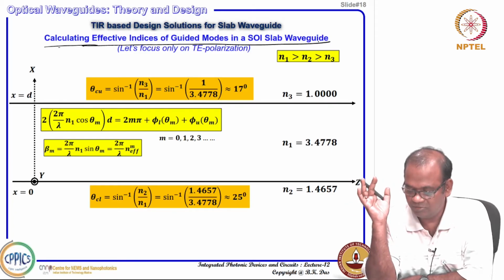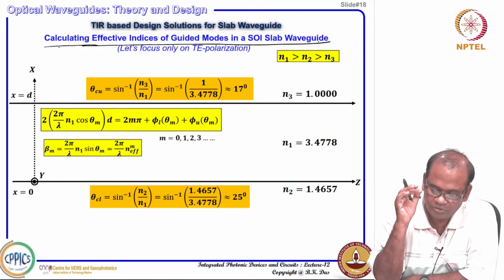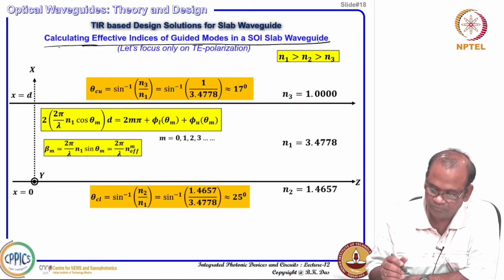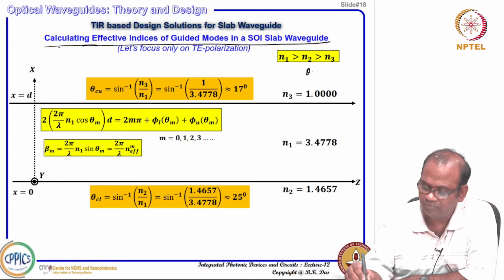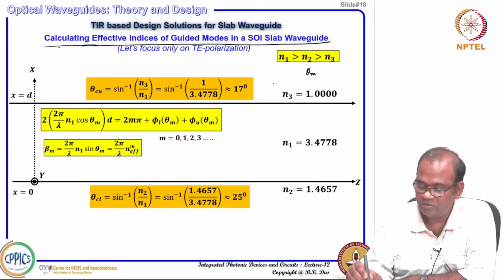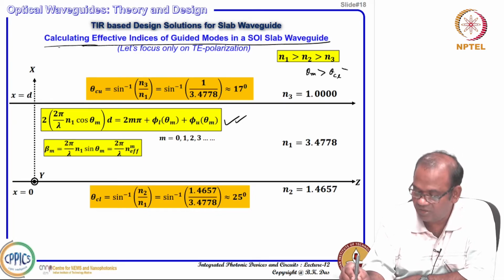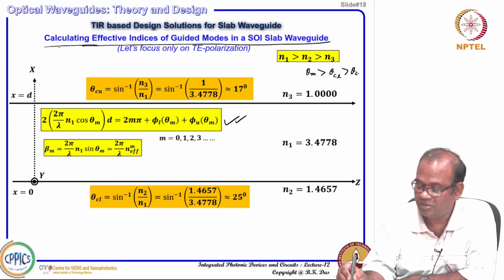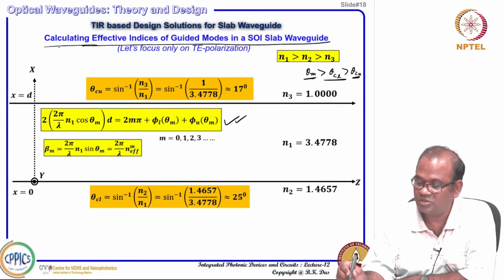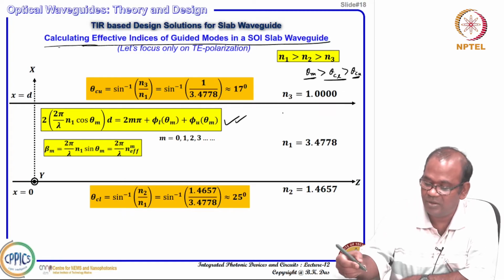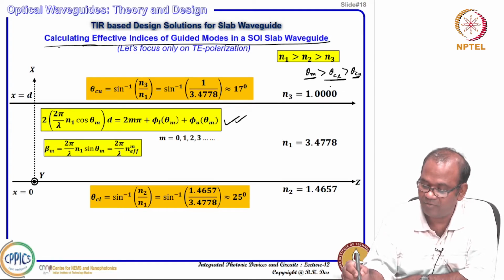So, I know that my theta m, whatever solutions you get from here, should be greater than theta CL, and since theta CL is greater than theta CU, if I ensure the solution is greater than theta CL, then it is obviously greater than theta CU. That is the critical angle at the upper interface and the critical angle at the lower interface.